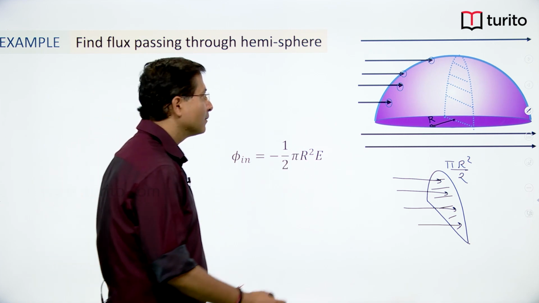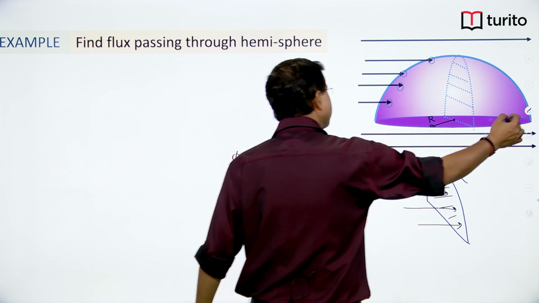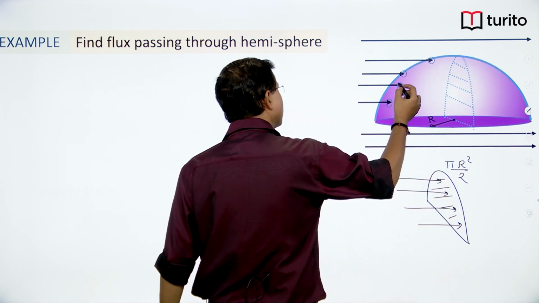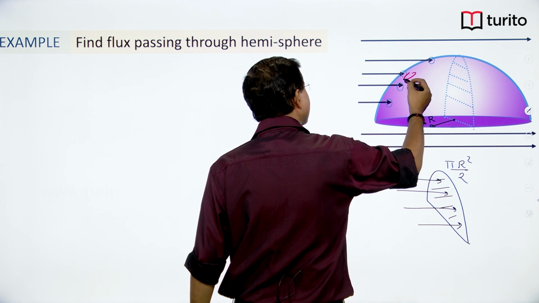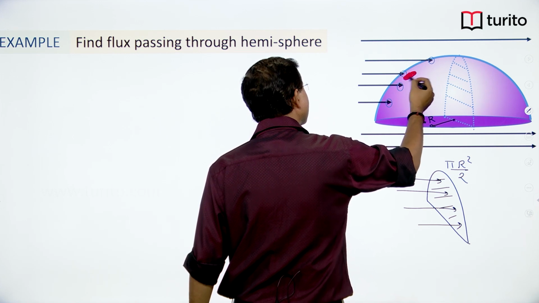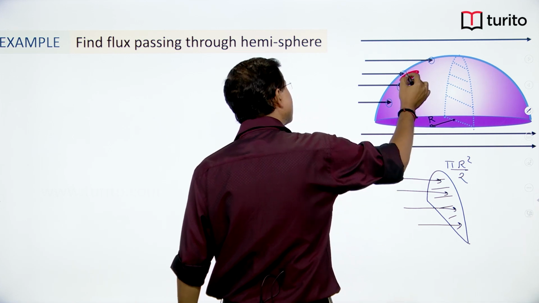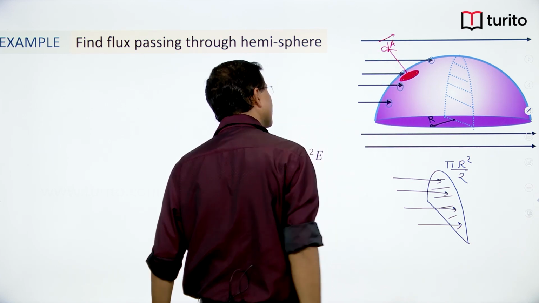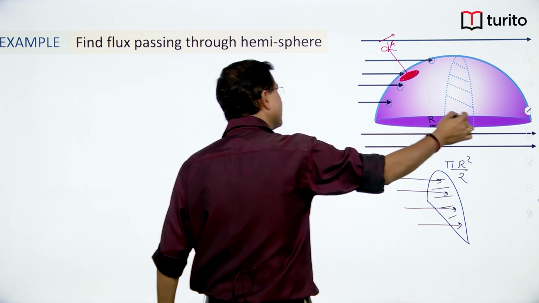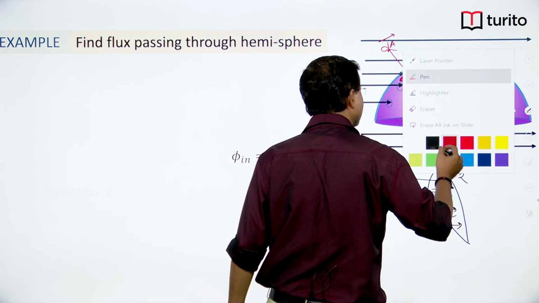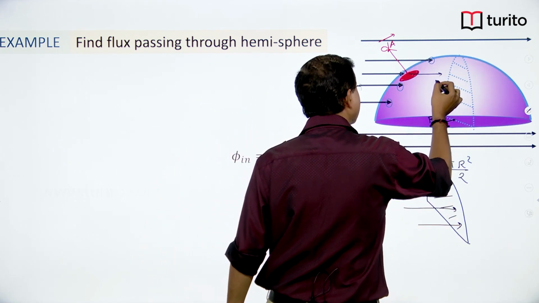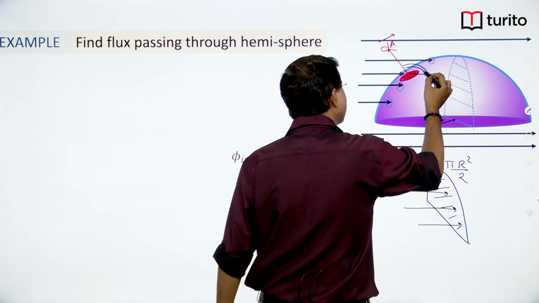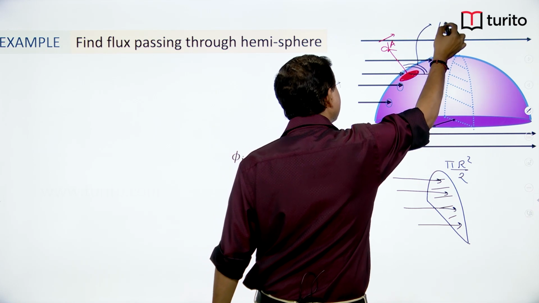Why minus? Because if you take an element somewhere here, right. So this element will have area vector in this direction, dA vector, and the field at this particular point is in this direction. This is the direction of the field. Look at this angle, this is greater than 90.